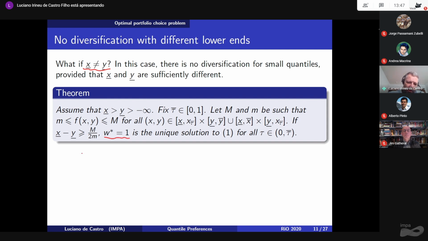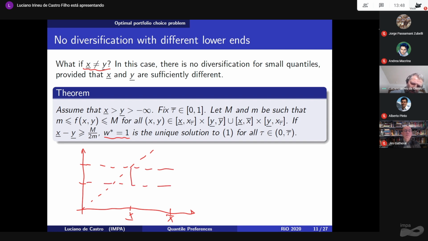So the idea is that you have here, let's see if I can draw this. Let's say X lower bar. You see that this is the support of these two variables. X bar is above Y bar.